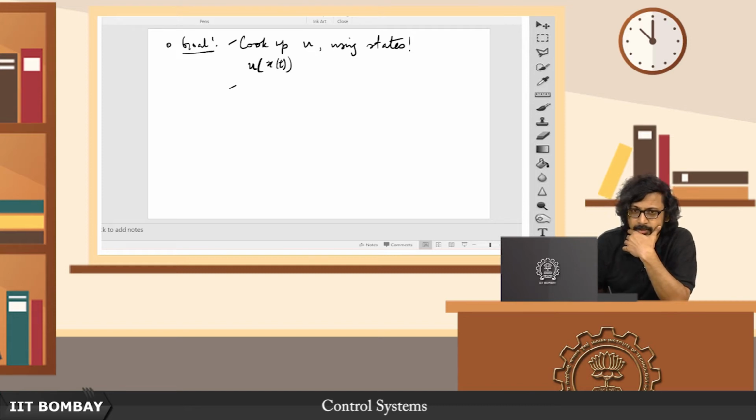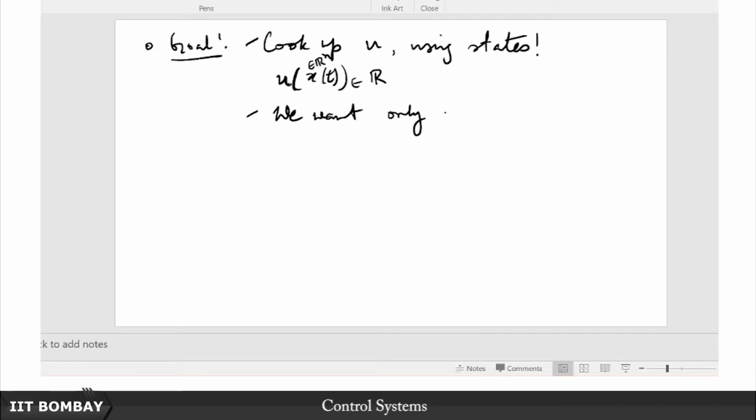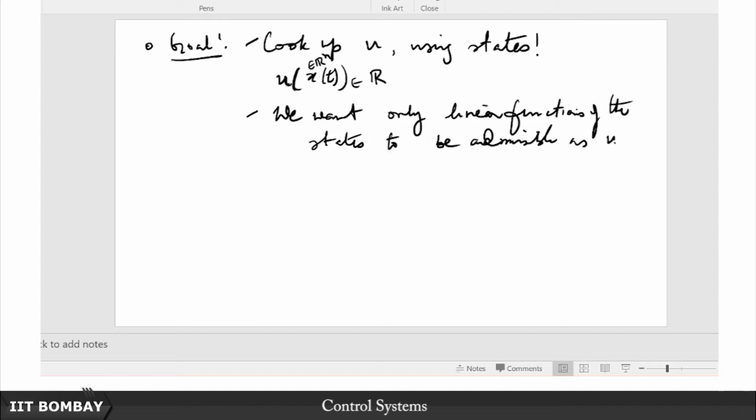So we want this to be a function of the states. Of course this state belongs to R to the n, but this u, because our case is just a single input single output system, is just a real number that it spits out at every instant of time. Now the second restriction we see is that we want only linear functions of the states to be admissible as u.